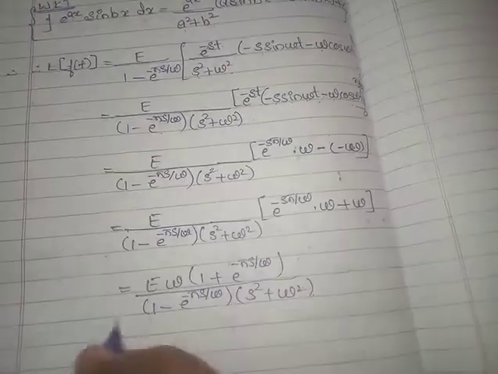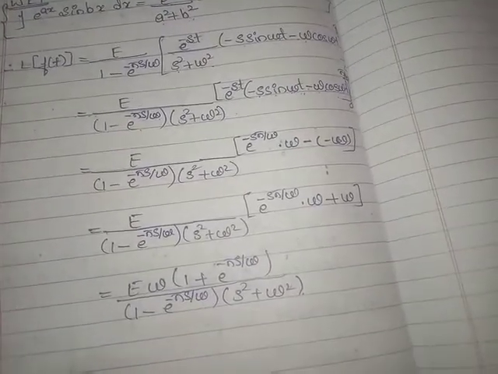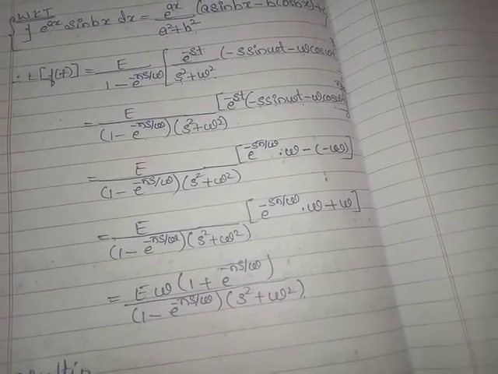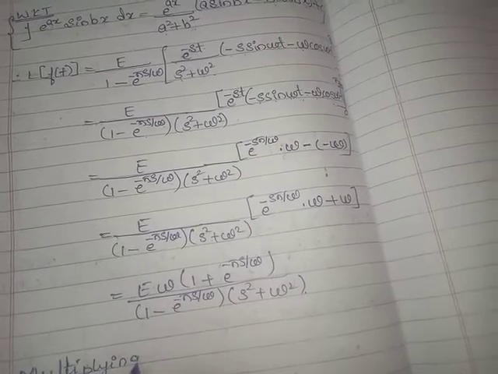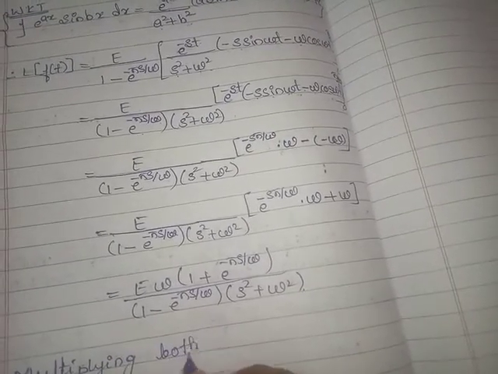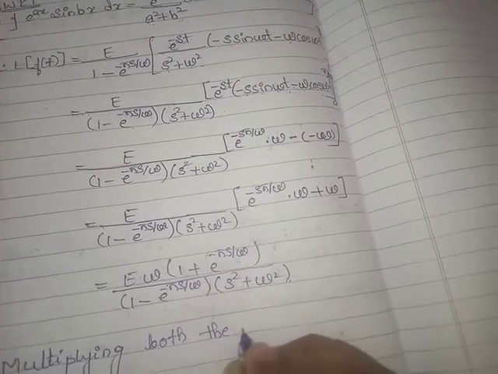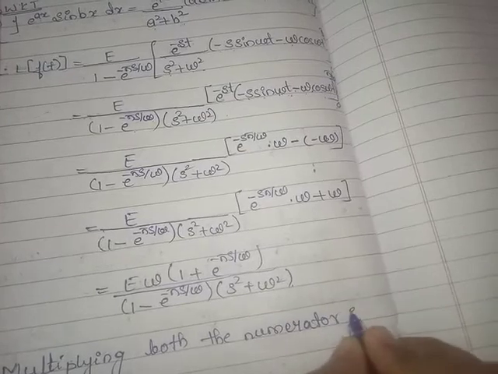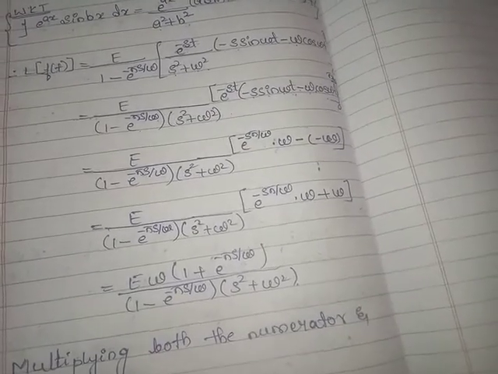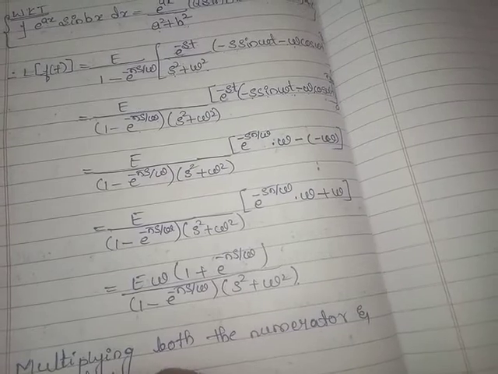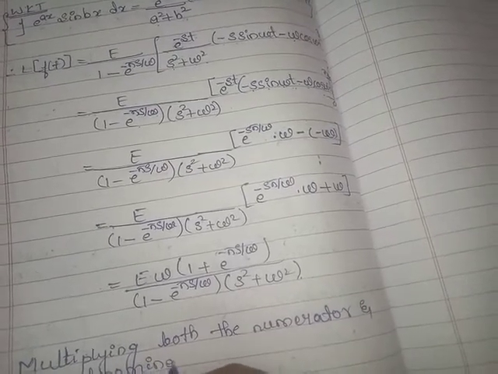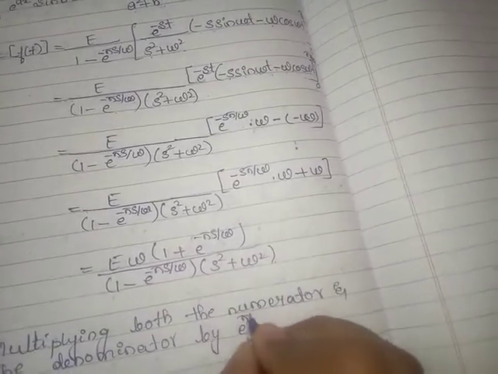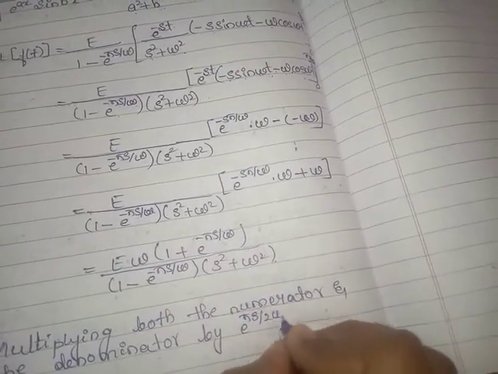Now next is multiplying both the numerator and the denominator by e raised to pi s divided by 2 omega.